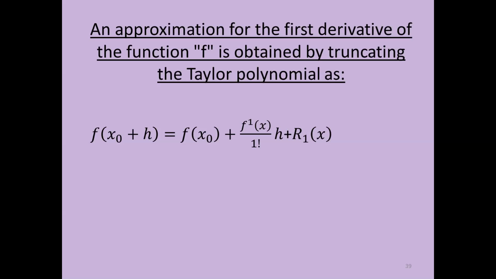When we are approximating the first derivative, we keep only the first derivative in the expression and neglect all the higher order terms. Therefore, all those terms which have been neglected are going to be represented by the last term on the right, that is R1x.